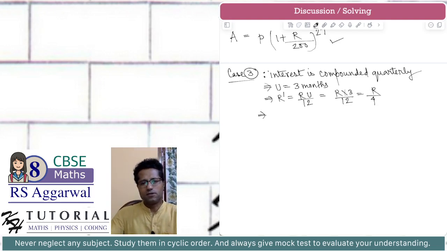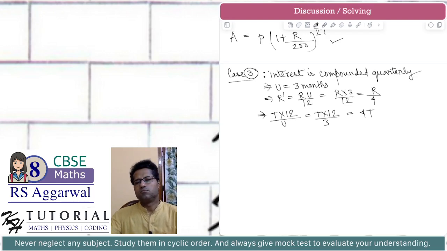And let's see what is t multiplied by 12. We need n and a by b. So for that we need to find t multiplied by 12 divided by u. This is equal to t multiplied by 12 divided by 3, which is equal to 4t. Now this we need to express as a mixed fraction n and a by b.